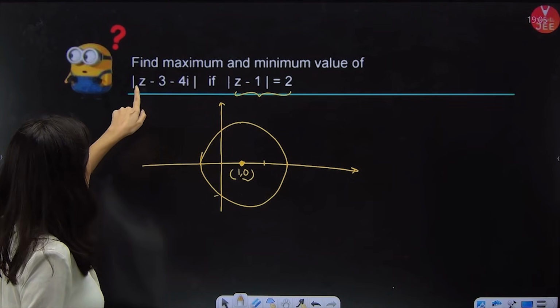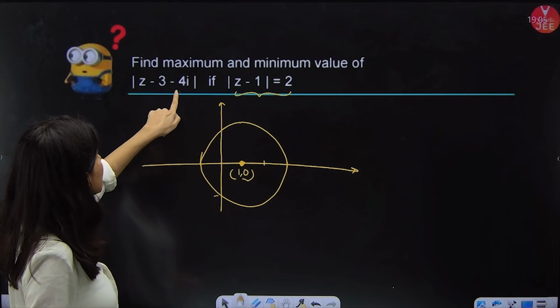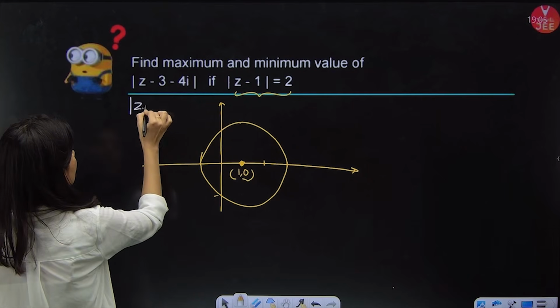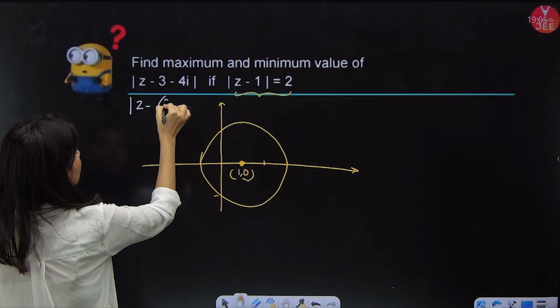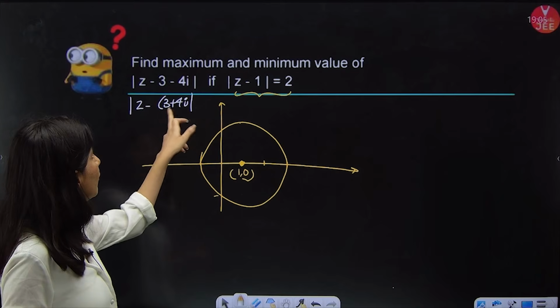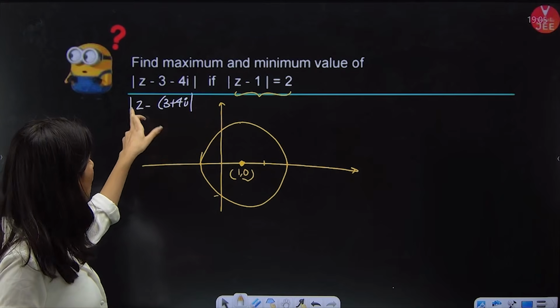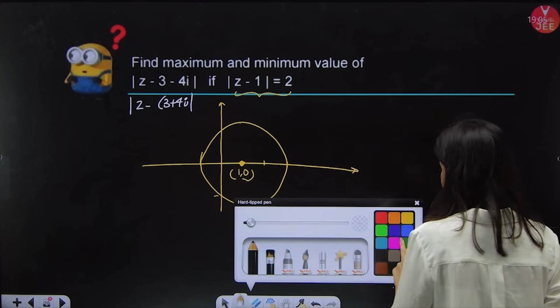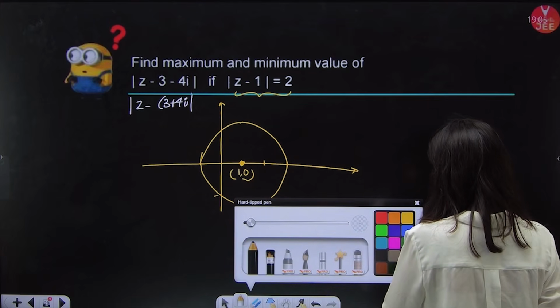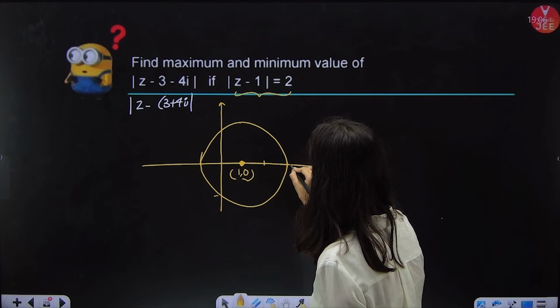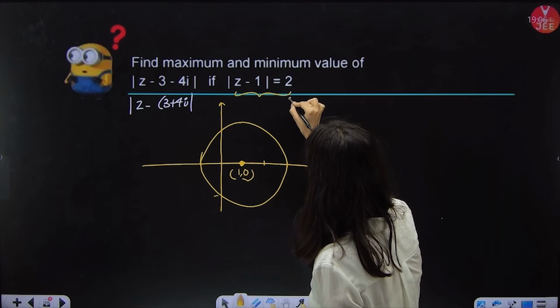What about this? Mod of z minus 3 minus 4 iota, so this is actually z minus 3 plus 4 iota, correct? 3, 4 is the center of this circle. Okay, radius we do not know. So 3, 4, this is 1, 2, 3. 3 is here, 4 will be here.